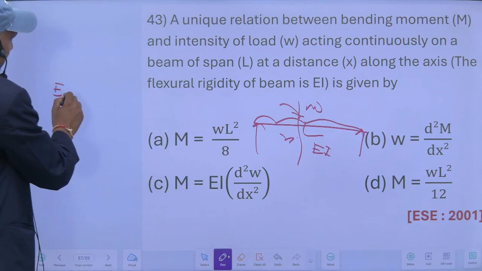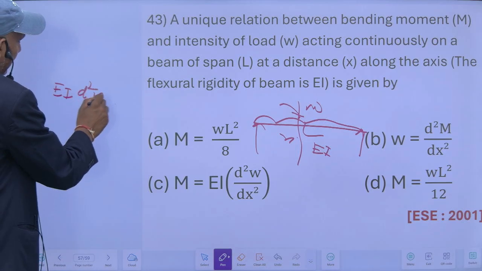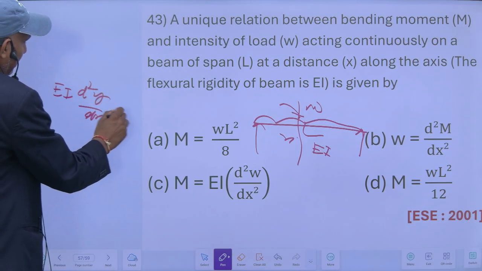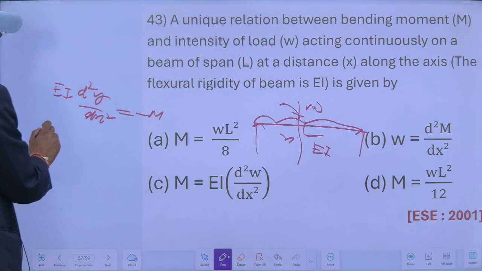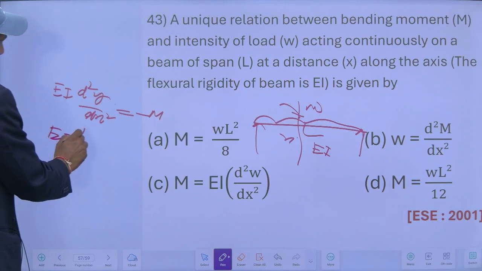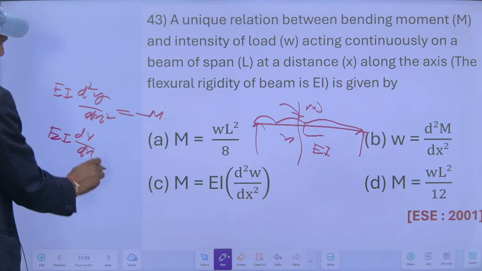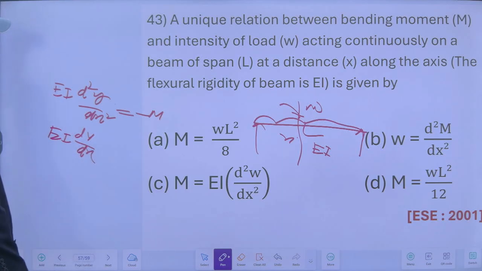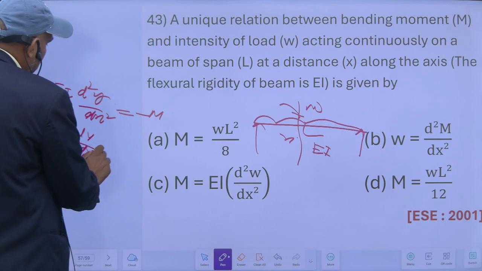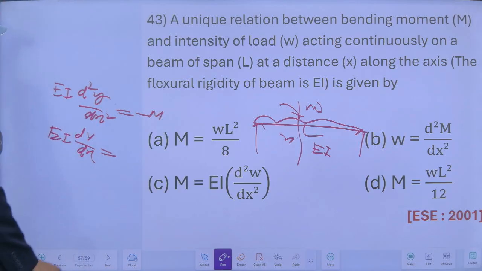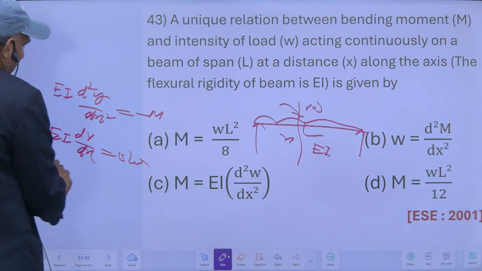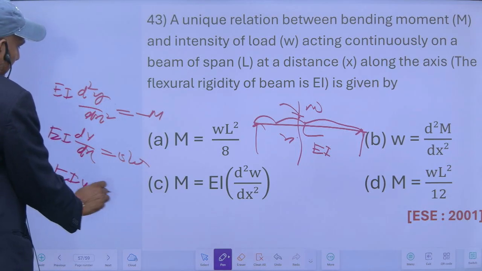EI into the second derivative of y with respect to x square will give the minus M. First derivative dy upon dx will give the slope, and y will give the deflection.